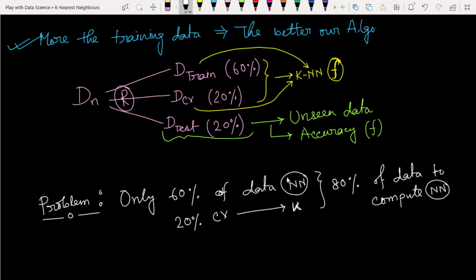So for this KNN we are losing the information of 40% of the data. This is the problem.